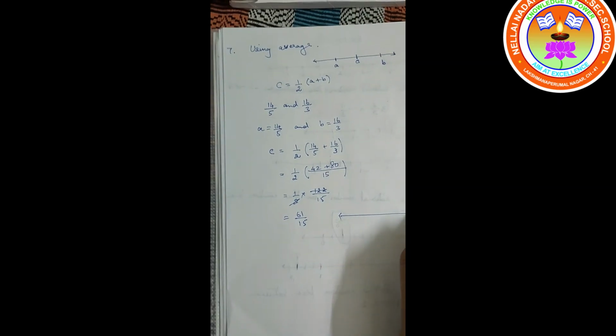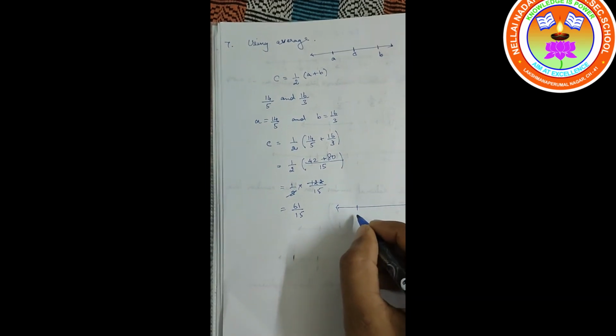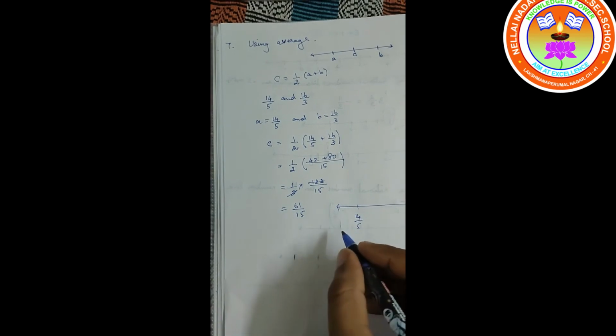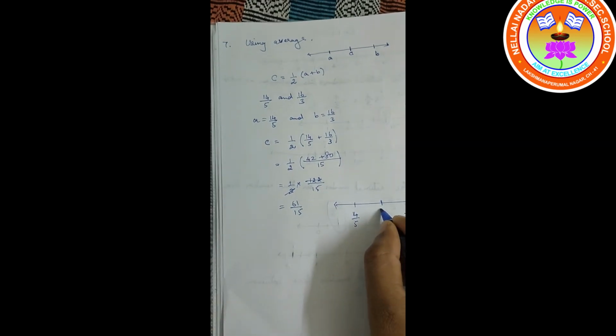For your pictorial representation, for the number line, if 16 by 3 comes here, 14 by 5 comes here, the 61 by 15 exactly lies here.